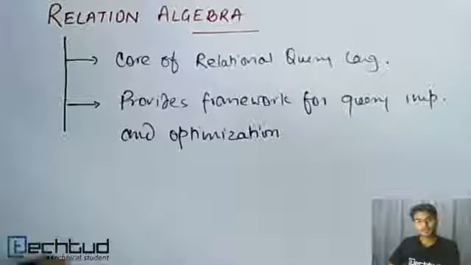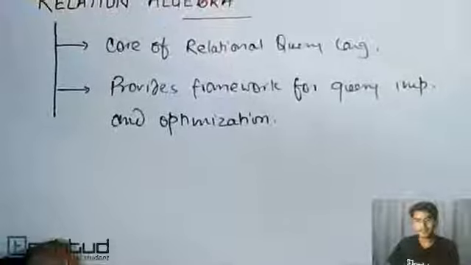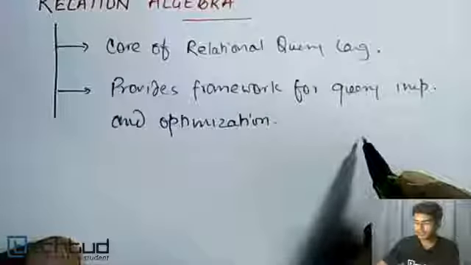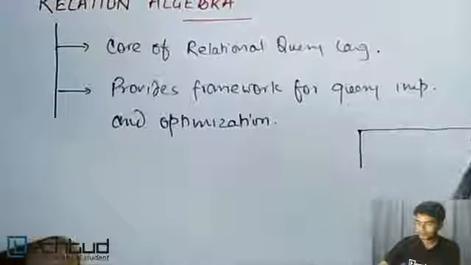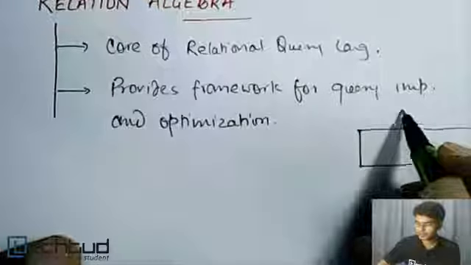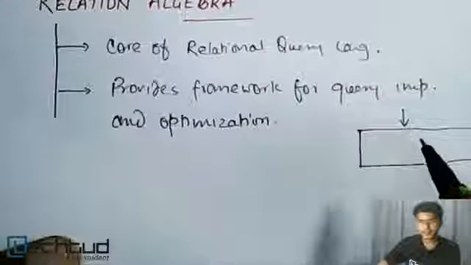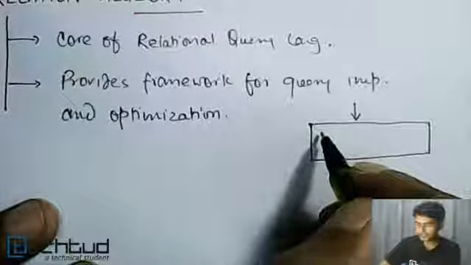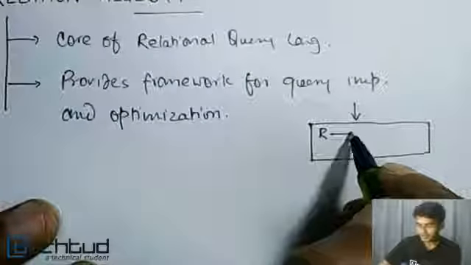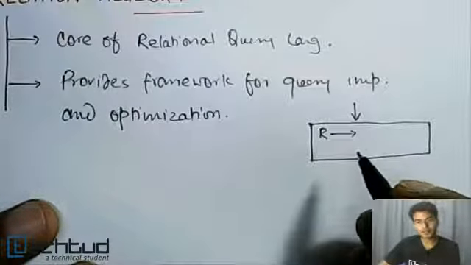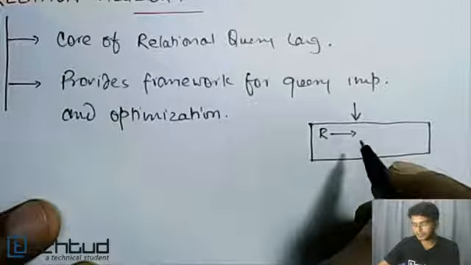As we have already discussed, inside any query language, when you make a query, imagine you are making a query on this system. It will internally take this relation and perform a sequence of relational algebraic expressions on it.